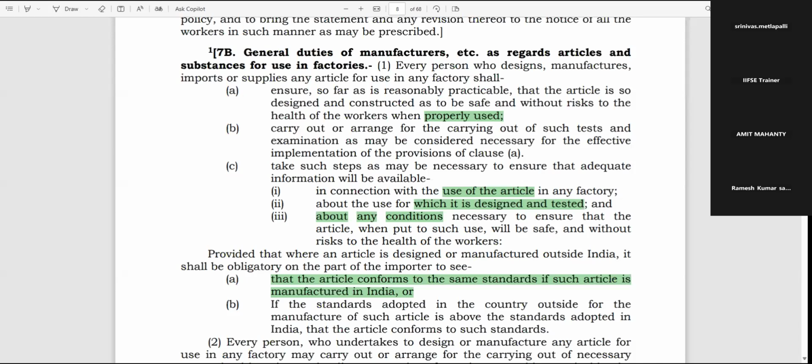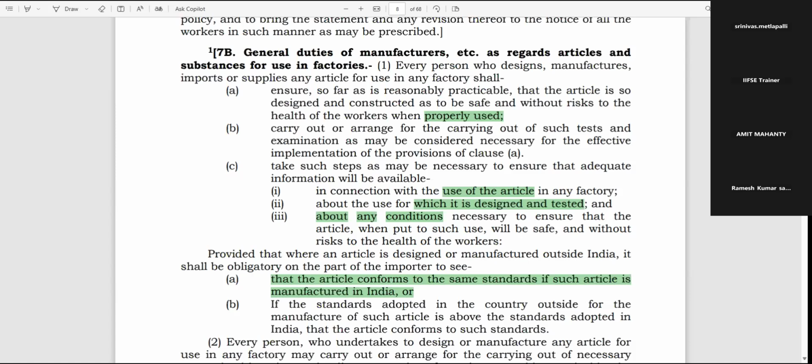So while processing this specific article or product, they should not get injured or come to harm. Okay. So for that, we have to do the necessary tests and also provide detailed process information or data for their usage.